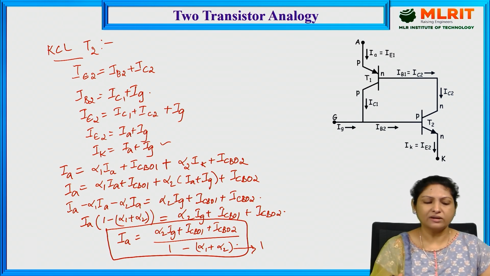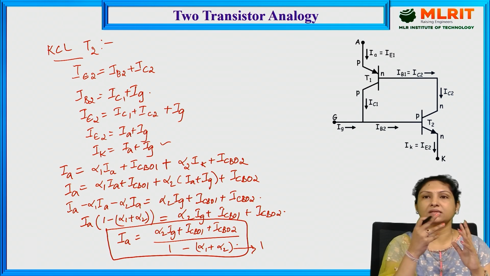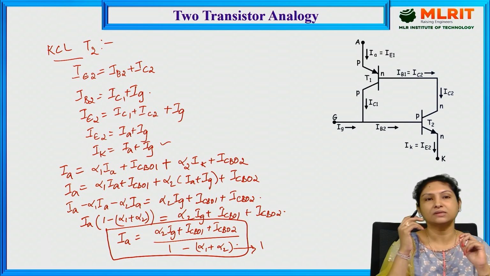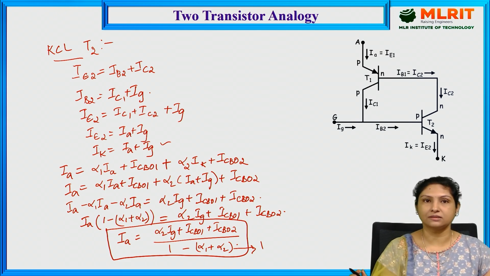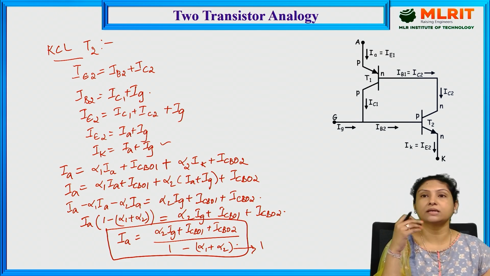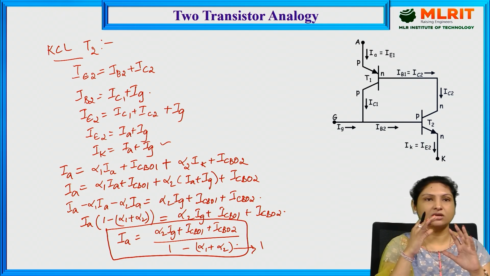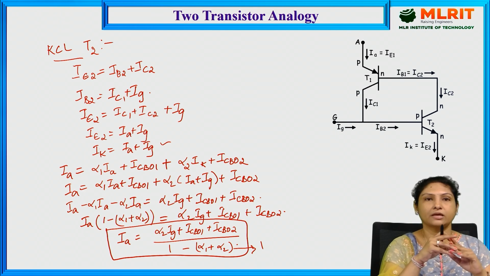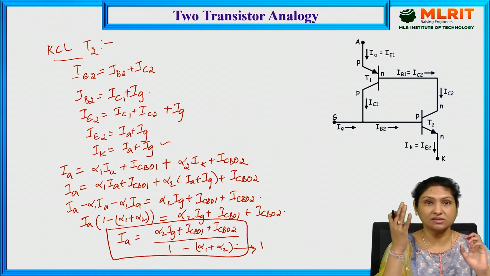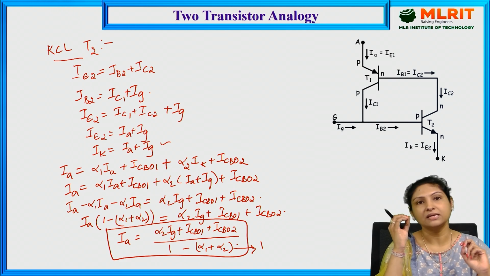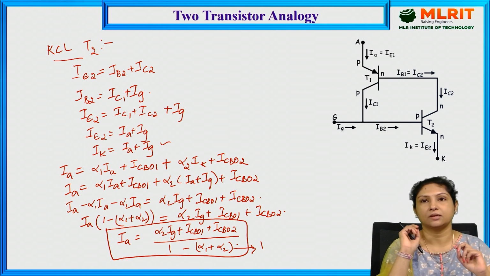What is the difference between thyristor turn-on and transistor turn-on? If you see, in order to turn on the thyristor, we provide the gate triggering pulse such that the regenerative action takes place, and once it reaches the latching current, the minimum value of the on state current, it remains in the on state.